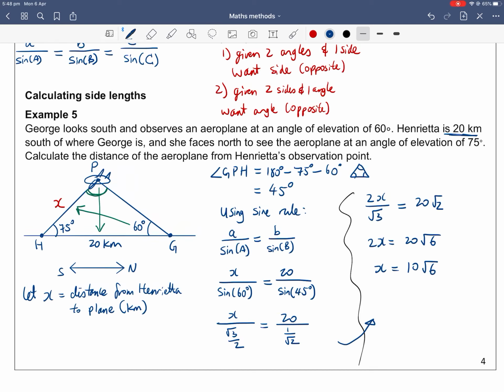Calculated distance, so it's 10 root 6 kilometers, or if we're trying to approximate using a calculator, that's approximately 24.49.